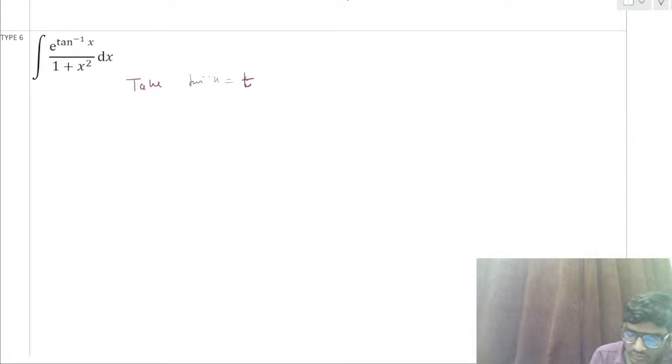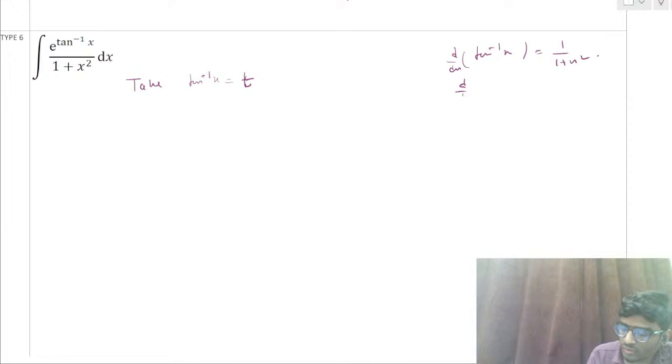When we differentiate tan inverse x, we know the differentiation of tan inverse x is nothing but 1 upon 1 plus x square.